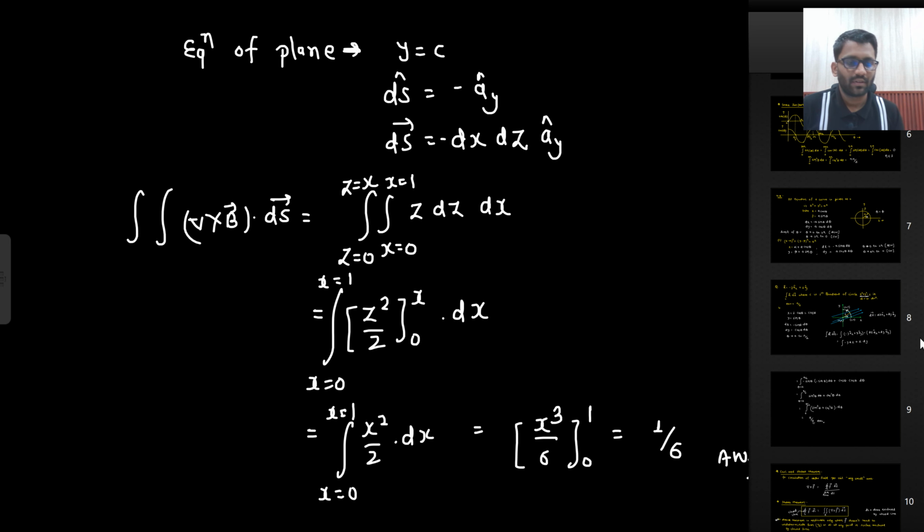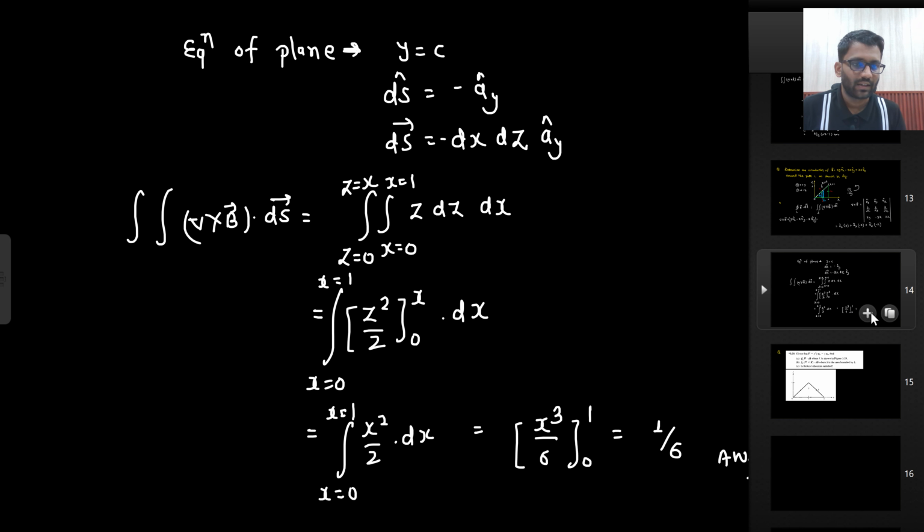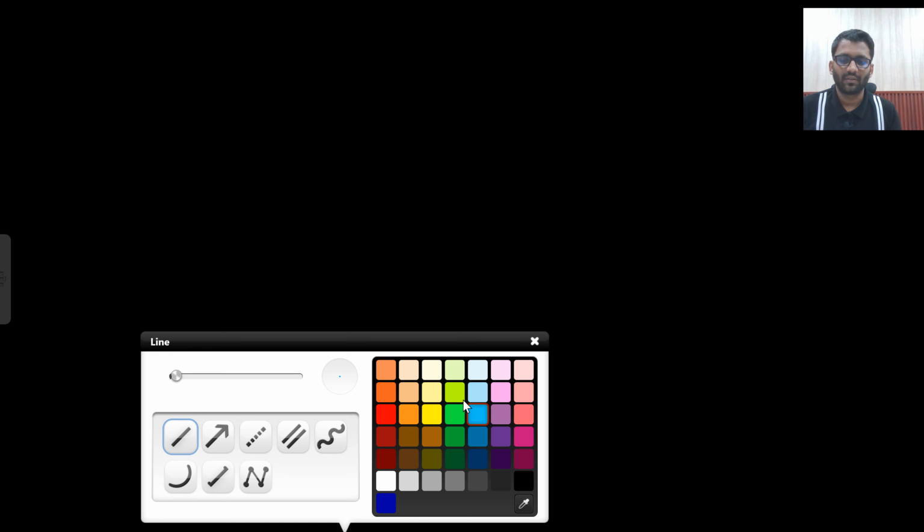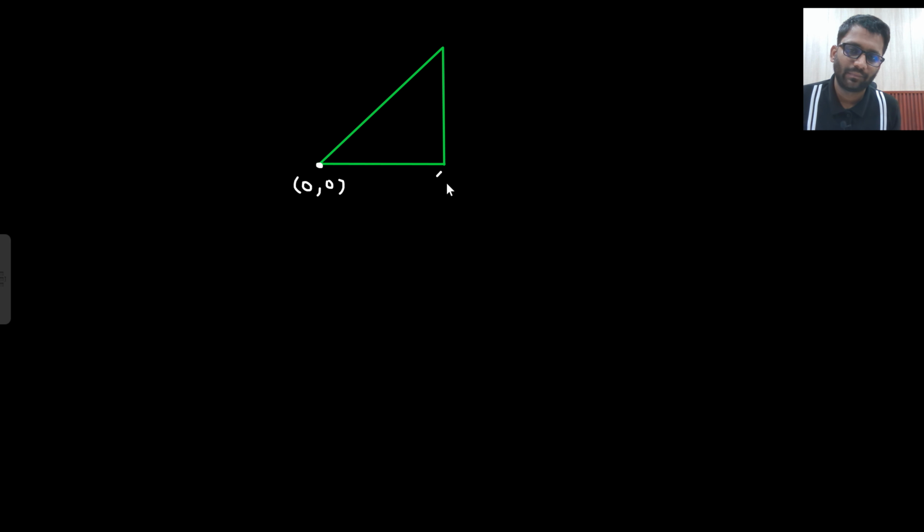Now let's take the other strip. I will add a page and we'll take the different strip. Okay. So let's make the diagram first. Yeah, so this was your 0, 0, 0, 1, 1, 1.